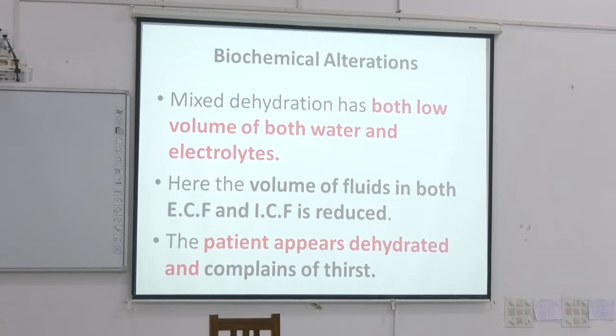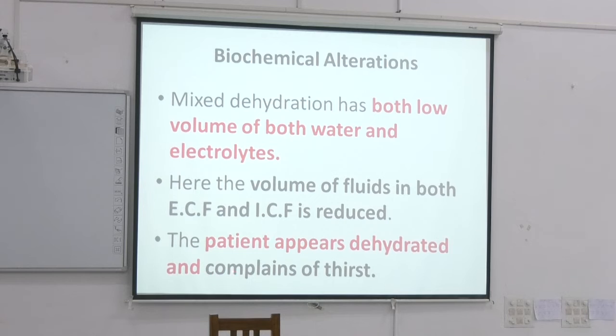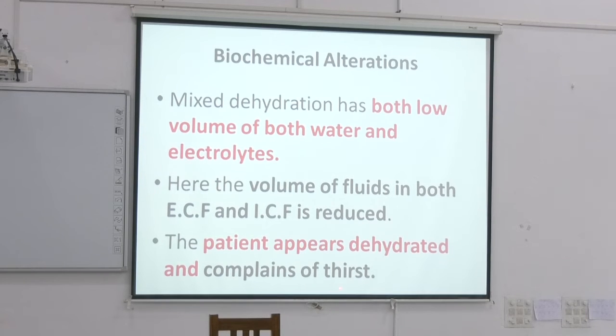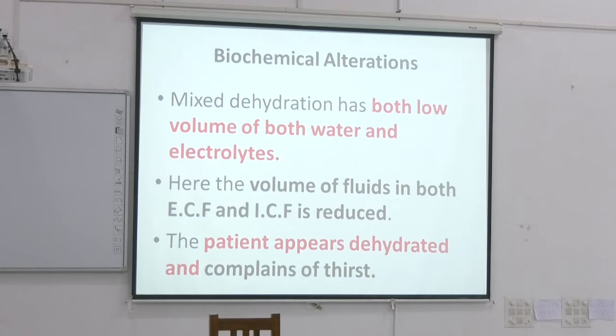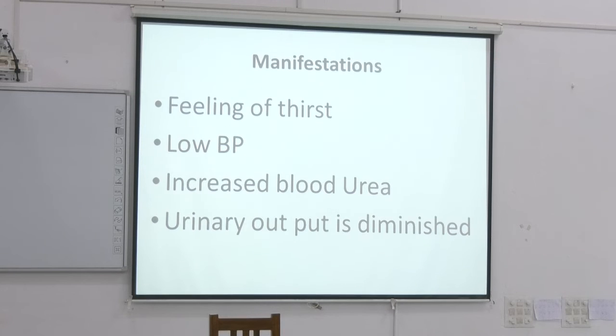The patient appears dehydrated and complains of thirst due to the water deficit. Features: feeling of thirst, low BP, increased blood urea, and diminished urinary output, because the person is dehydrated.